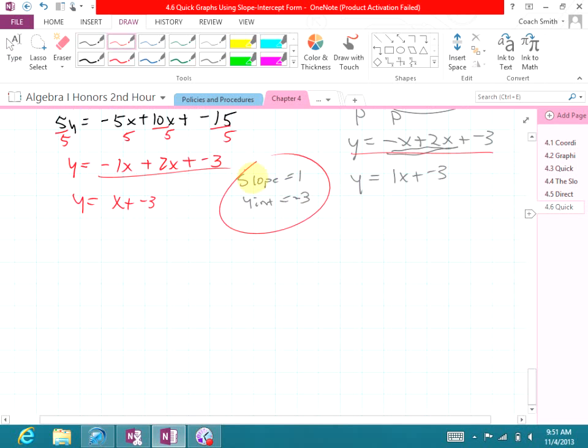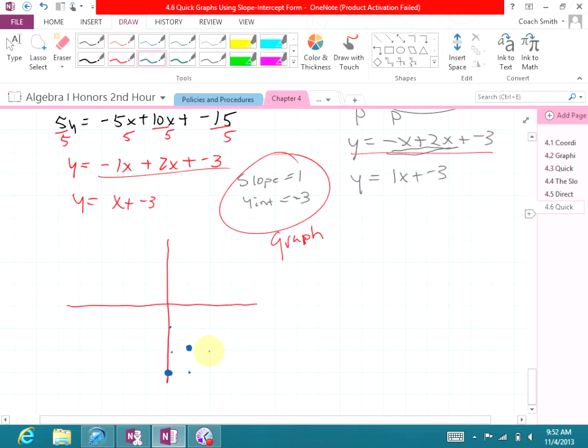You would graph that right there. Now, what it means when you have 1 as a slope. Negative 3 is right here, 1, 2, 3. There's negative 3. It is a positive 1 slope, so you go over 1, up 1.